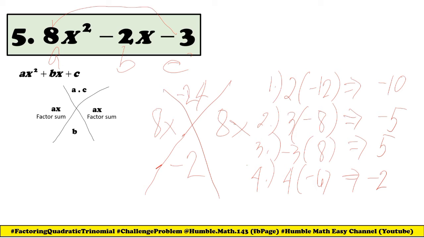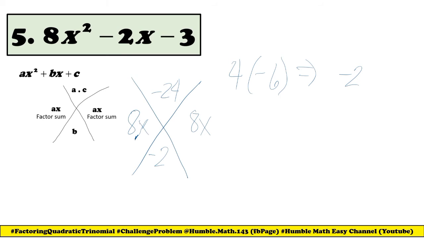So here we now have suitable factors, which are 4 and negative 6. So we're going to write the 4 here on the left side, and the other one is negative 6.